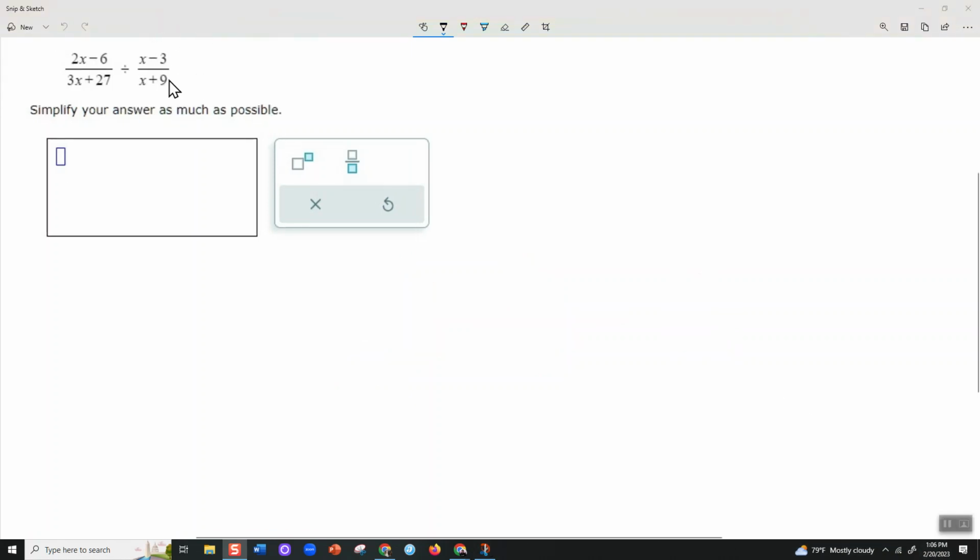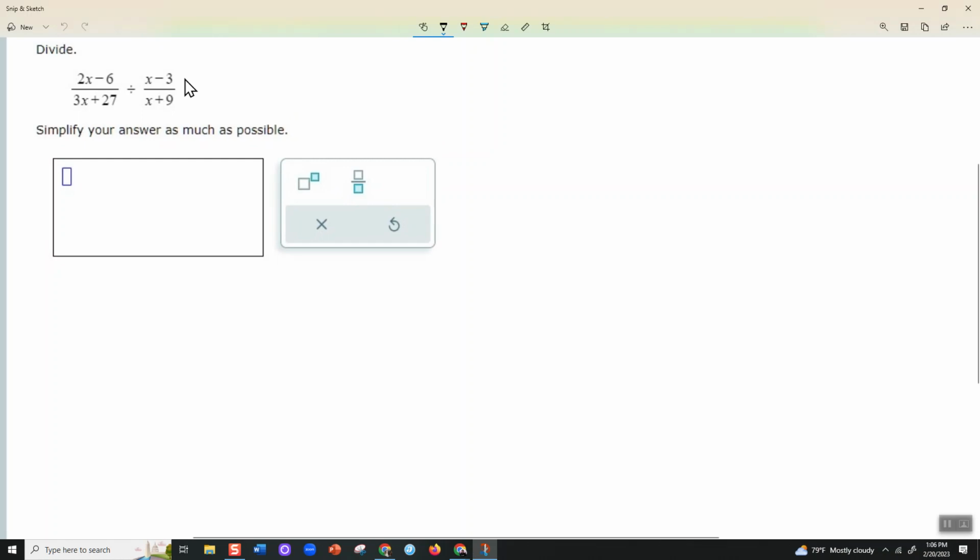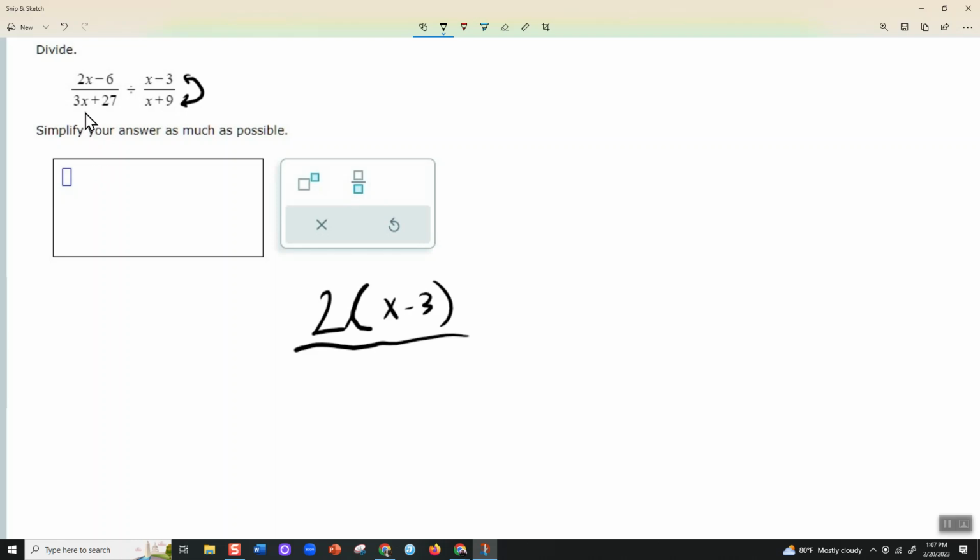Okay, in this one, I'm going to do the same thing. I've got to flip this fraction upside down, and I'm just going to reduce a lot of the same stuff over and over again. 2x minus 6. Oop, I see I can factor that. That is going to be 2 times x minus 3. So I'm going to factor that first. This bottom part of our initial fraction can be factored to 3 times x plus 9.